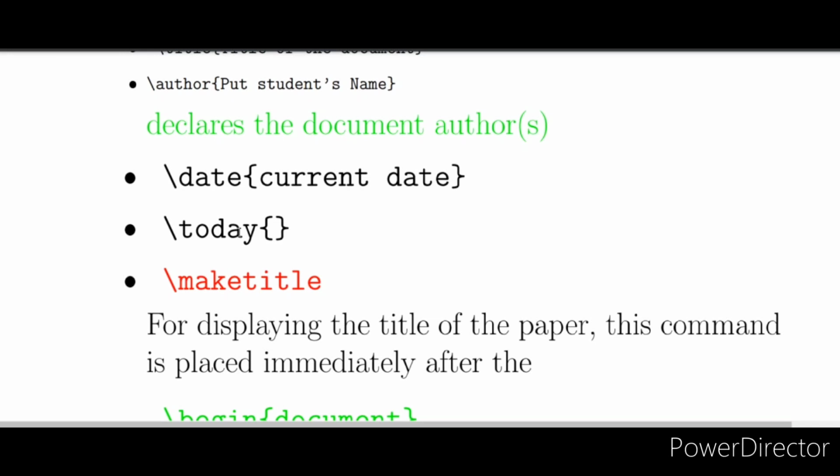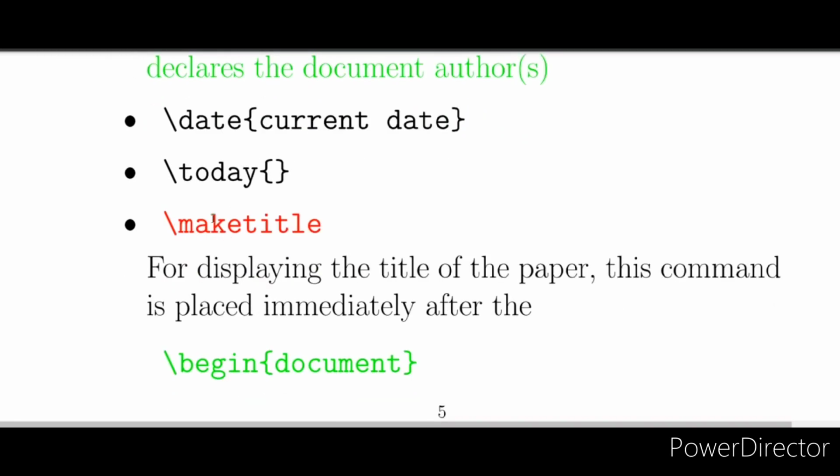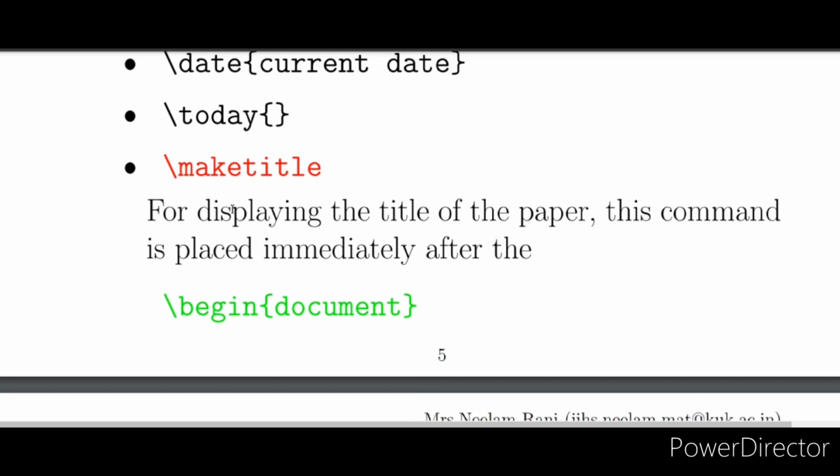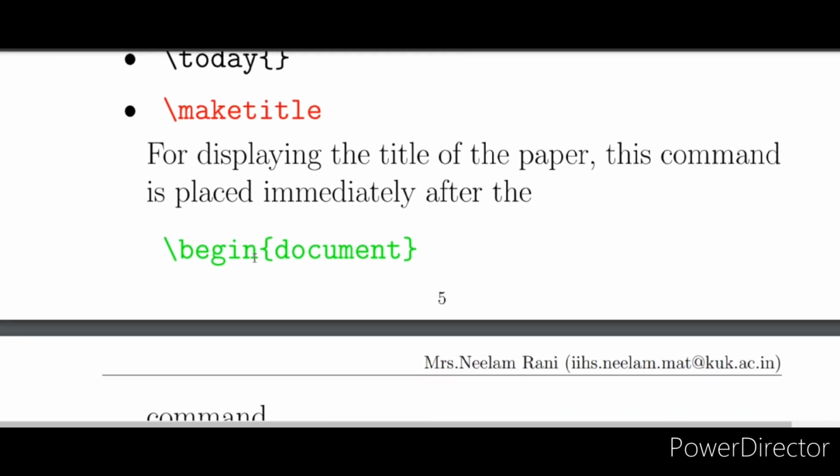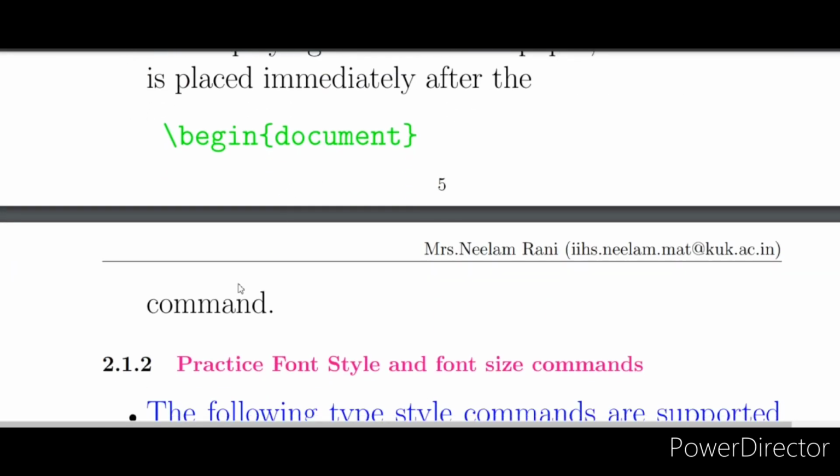I will show you in the TeXmaker interface, where you will run all these commands. In the last you will write \maketitle. This is important because, for displaying the title of the paper, this command is placed immediately after the \begin{document} command.